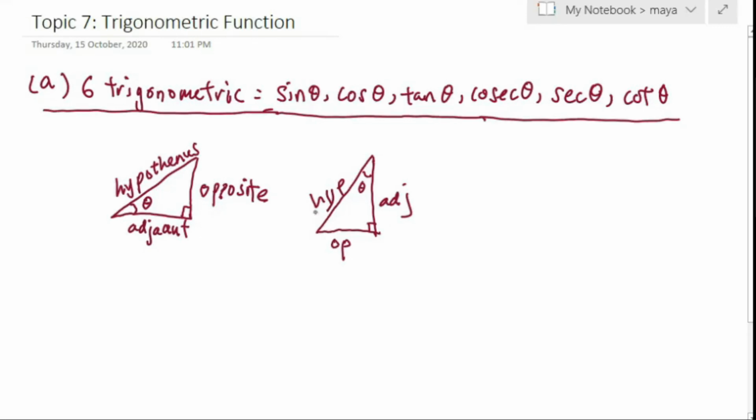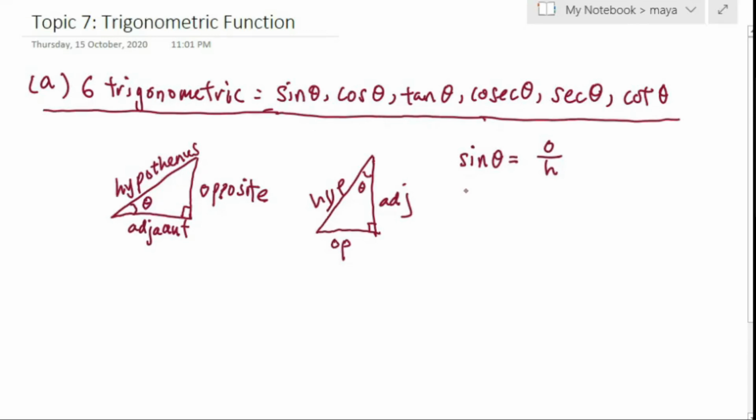Okay, so what is sine theta? Referring to sine theta, your basic will be opposite over hypotenuse. So always remember, anything we want to do with sine, cos, tangent refers to your acute angle, the angle in a right angle triangle. If you have an obtuse angle or reflex angle, we have another way to do it. Okay?